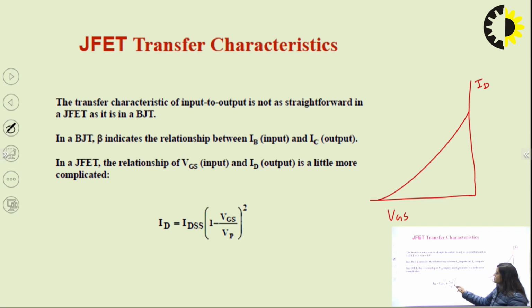From this equation we can see, if we put VGS equal to 0, then the value of ID would be equal to IDSS.